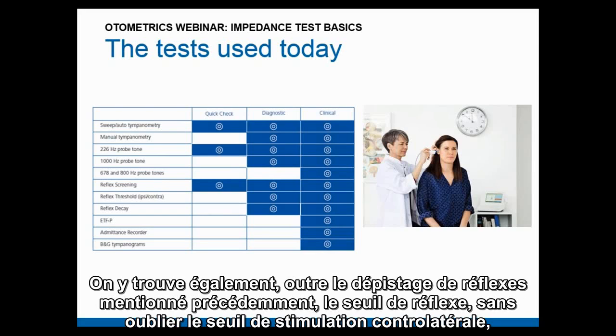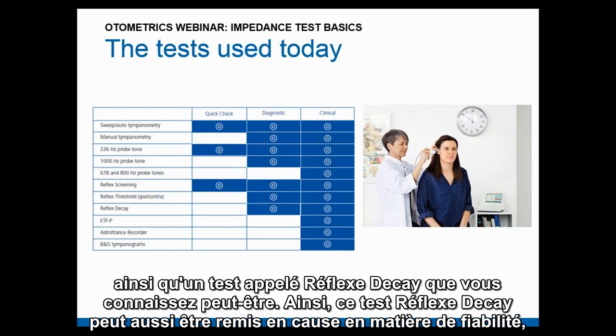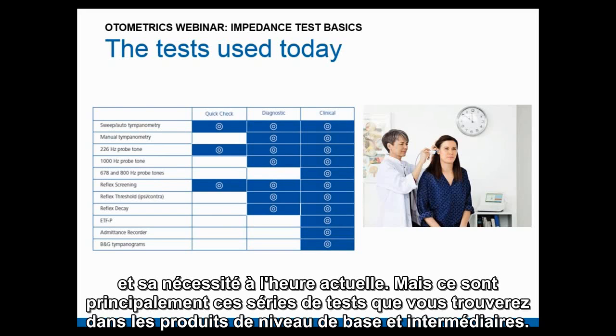But also you will find, on top of the reflex screening I talked about before, a reflex threshold, and basically you will also find the contrast stimulation threshold, and also a test called reflex decay, you might know. So this test, reflex decay, can also be questioned about its reliability and the needs today in 2016, but it's mainly this kind of packages of tests you will find in the entry-level and mid-segment products.